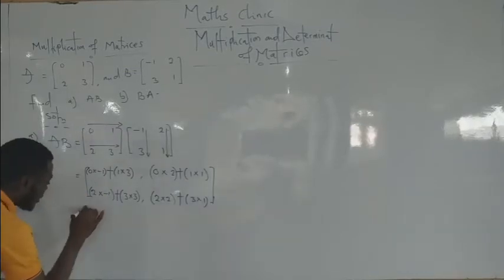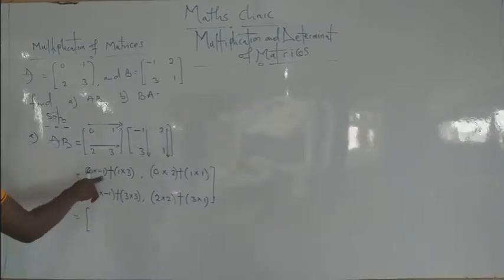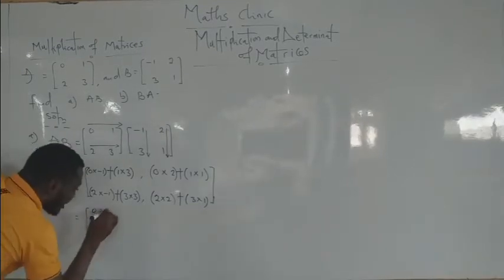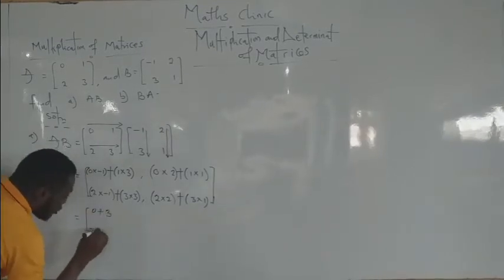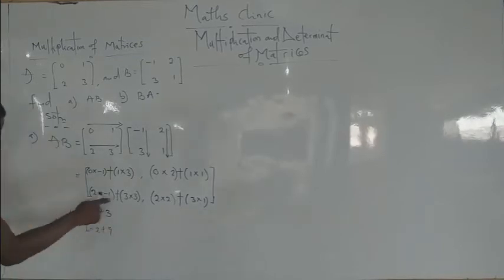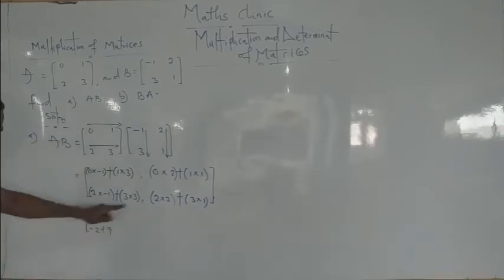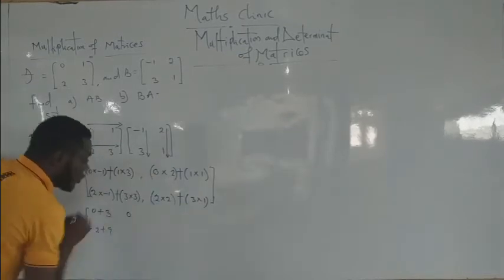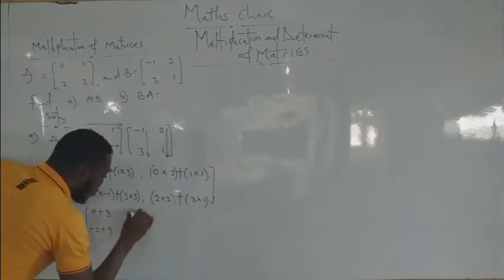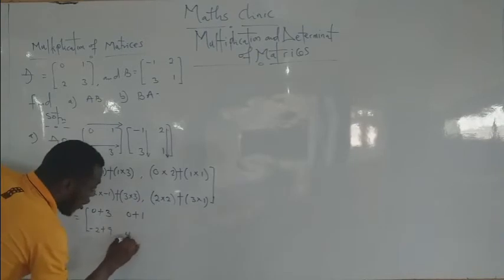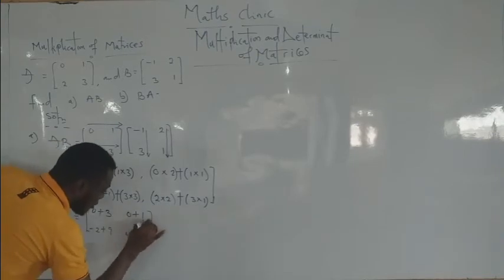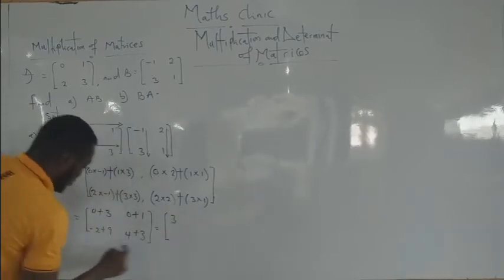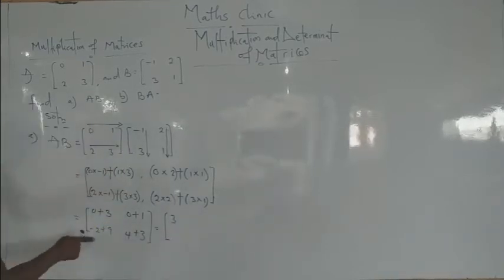And that gives you what? 0 times minus 1 is 0. 1 times 3 is 3. This is minus 2 plus 9. 2 times minus 1 is minus 2. 3 times 3 is 9. 0 times this is 0. This is 1. 4 plus 3, and that gives 7.